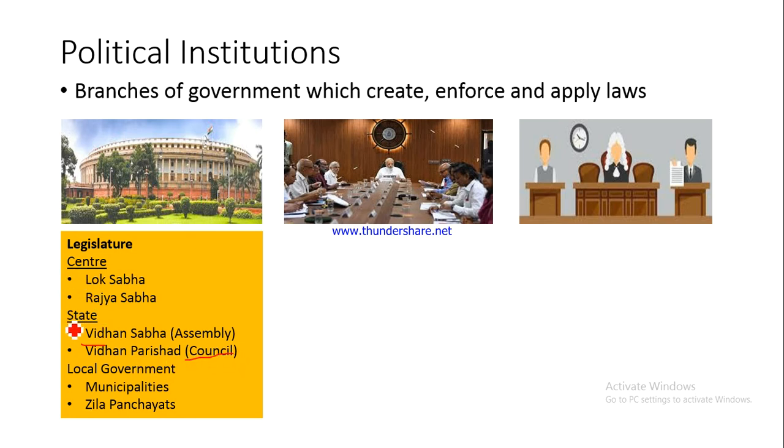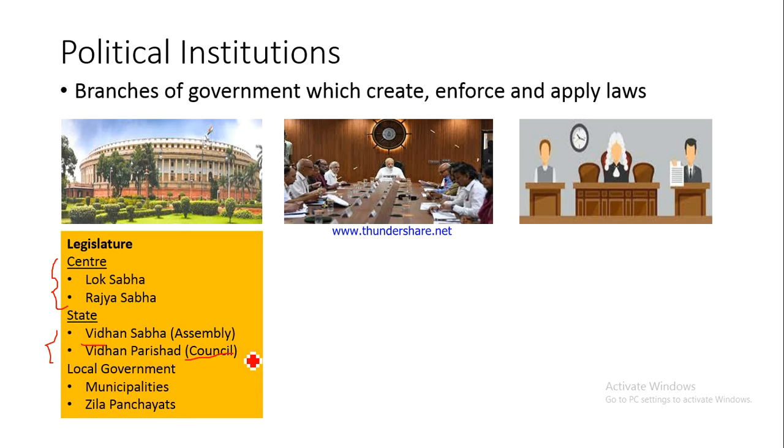So these entities are basically counterparts of Lok Sabha and Rajya Sabha. Is this fine? Now you need to understand one more thing, that Lok Sabha and Rajya Sabha are there, but not in all states do we have Vidhan Parishad or the state legislative council. It is only there in a few states.